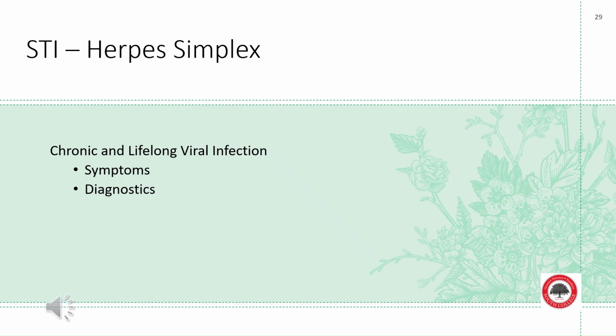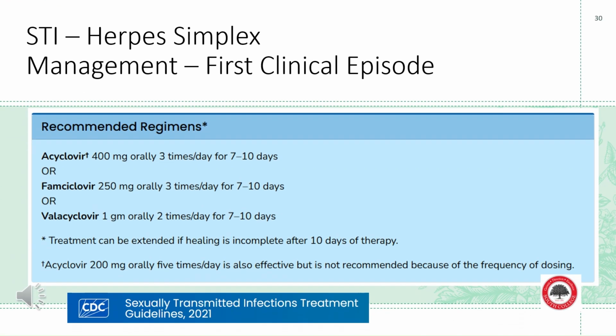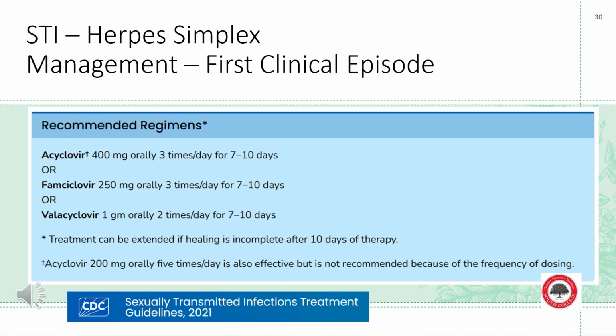There's also testing by NAAT or culture, but I have seen lab tests for blood tests for HSV since this information came out. As Dr. Fitzgerald explained, when you have a patient with this type of problem, you're probably going to have to look this up.